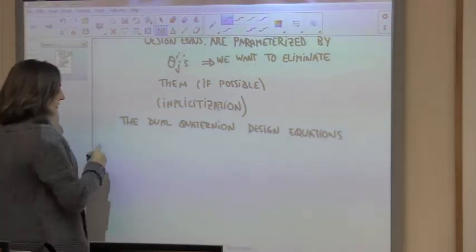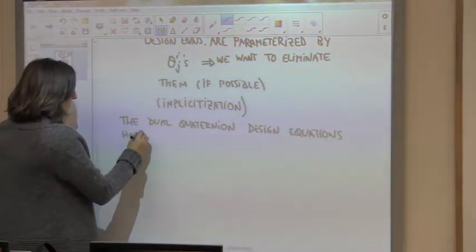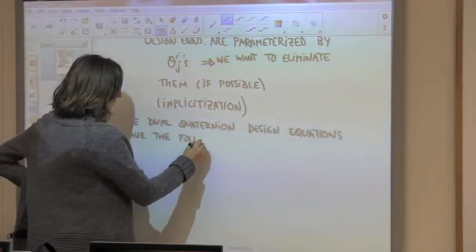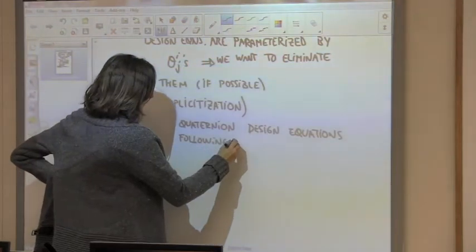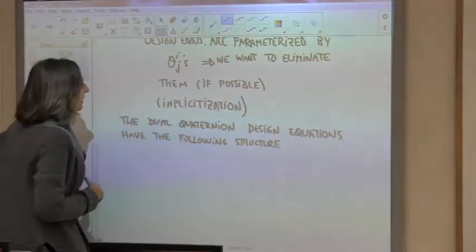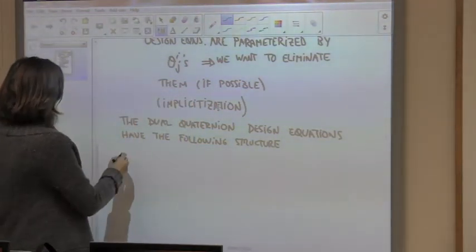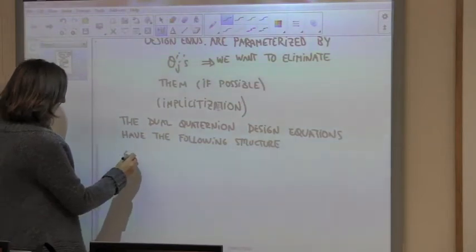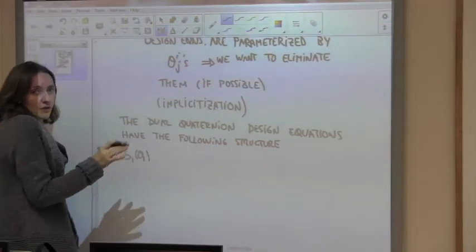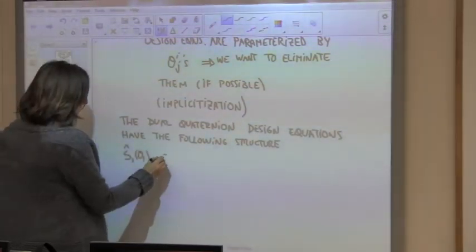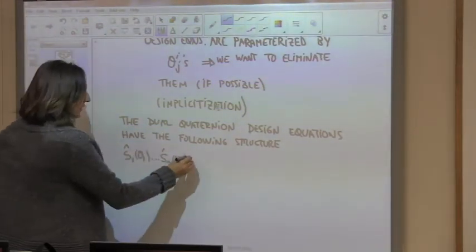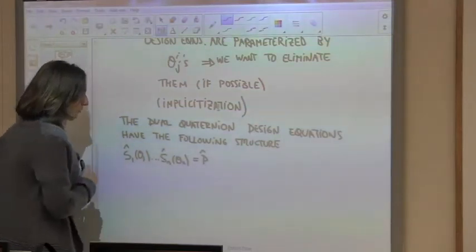They have the following structure. So let's take that previous one. We have S1 of theta 1 through Sn of theta n. Let's just put it in generic form for a position, so that we don't have to carry the i index equal to 1 to m, just for one position.